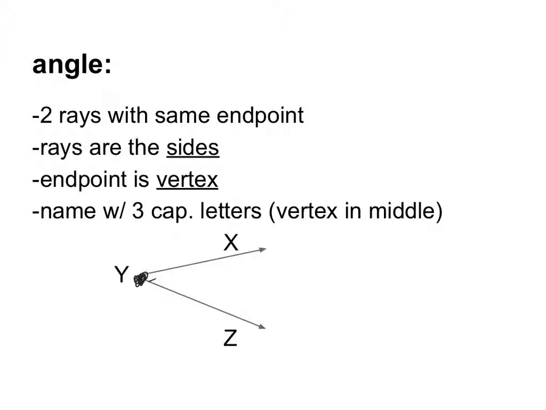And you name the angle with 3 capital letters, but the vertex letter has to be in the middle. So you can either call this angle XYZ, or you can call this angle ZYX, or you can even call it angle Y. But that Y has to be in the middle. It's named by the vertex if it's going just with a single letter.